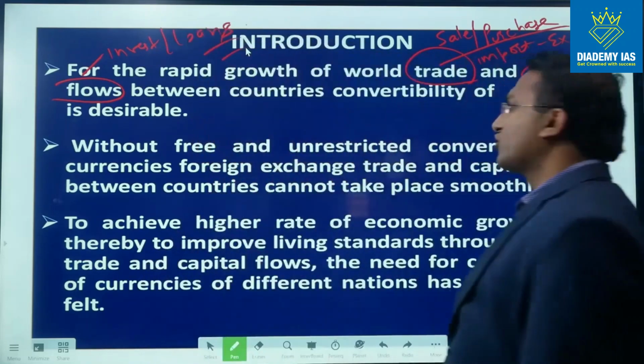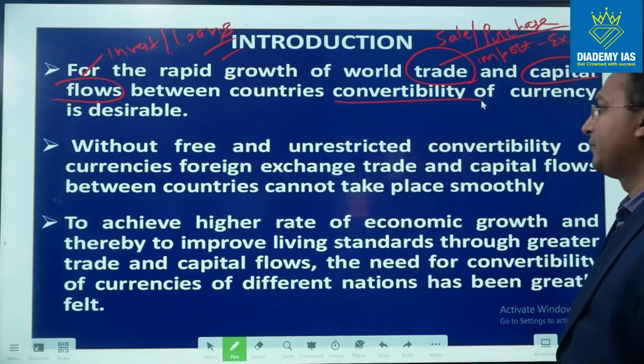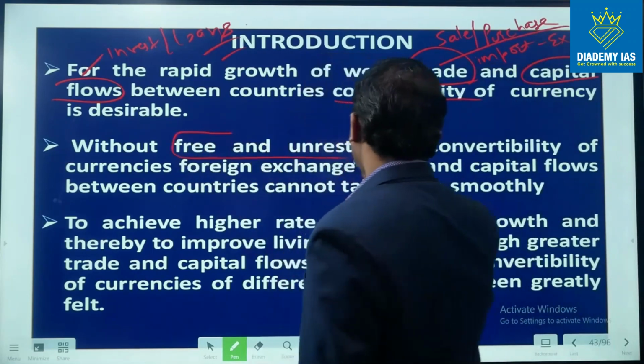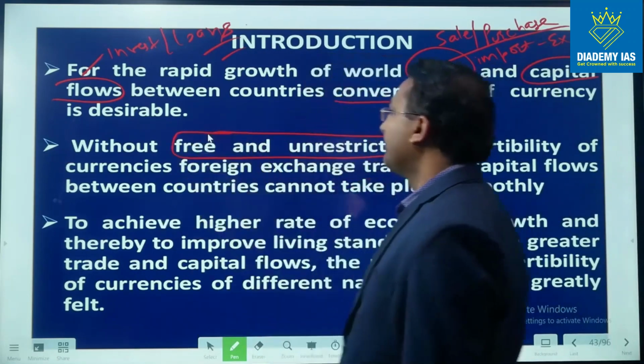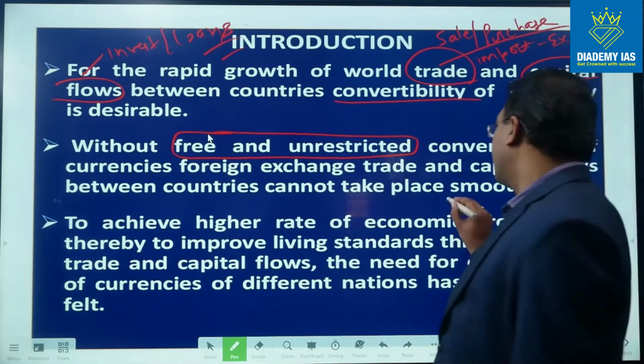So if all these transactions have to happen, convertibility is desirable. Without free and unrestricted, that means there will be no restriction, right? Without free and unrestricted convertibility of currencies, foreign exchange, trade and capital flows between the countries cannot take place smoothly.